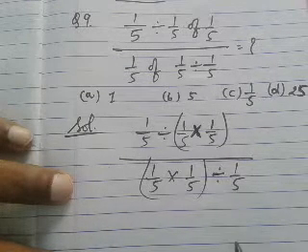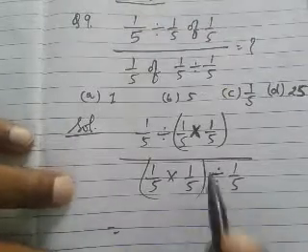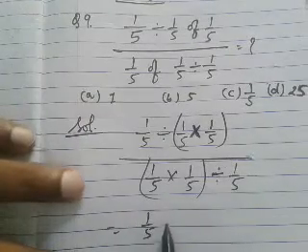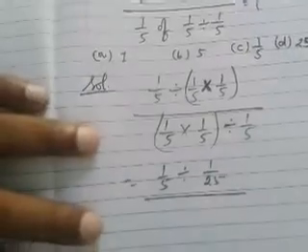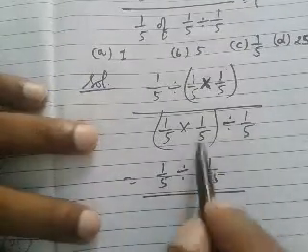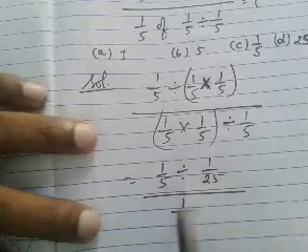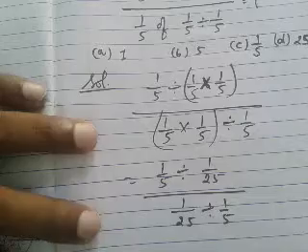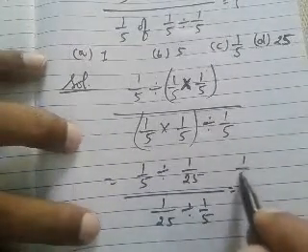According to the BODMAS rule, first of all we have to solve the bracket expression. So 1 by 5 divided by bracket means 1 upon 25. If we solve this problem, in the denominator we will get 1 times 1 is 1, 5 times 5 is 25, divided by 1 by 5. Now after solving this, we will get 1 by 5.